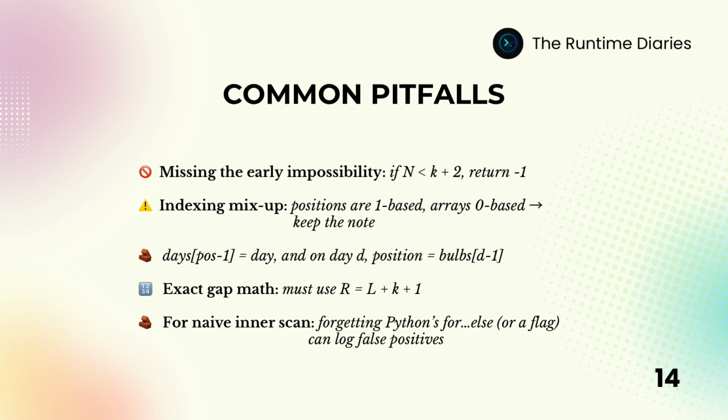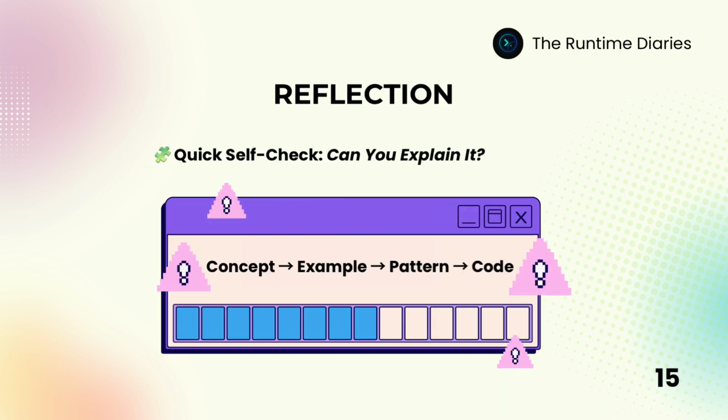And always remember, positions are 1-based, but arrays in code are 0-based index. So days of position -1 equals day. That's one of the easiest ways to accidentally get an off by 1 bug.